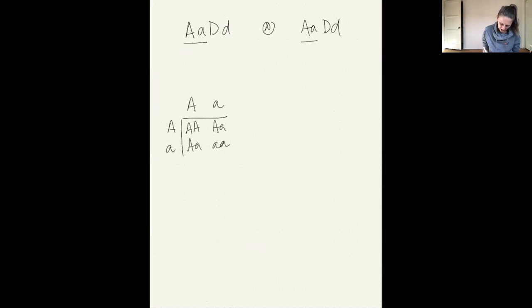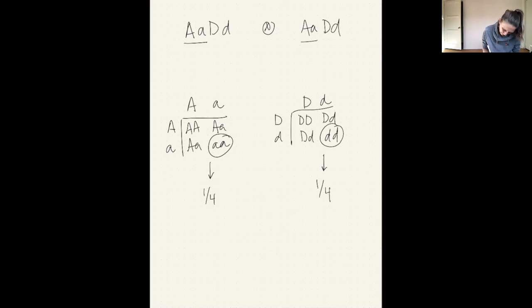What is the chance of having an albino child here? It would be 1/4. And then we can do the separate for deaf. What are the chances of having a deaf child here? 1/4. We're going to multiply those frequencies together to give us our frequency of having an albino deaf child.